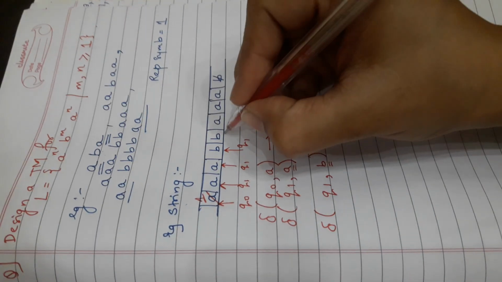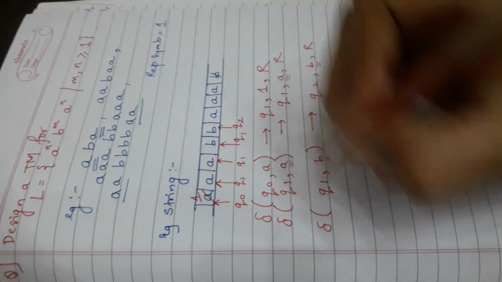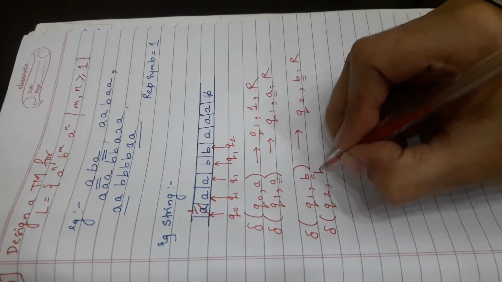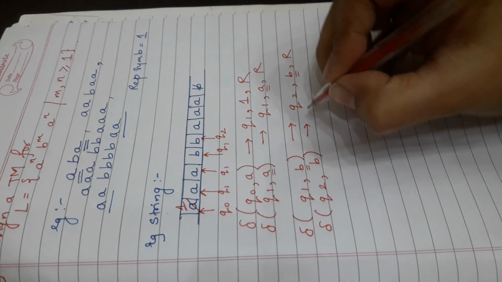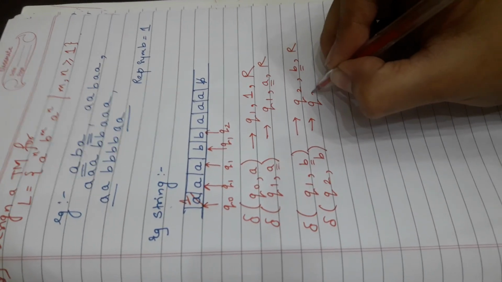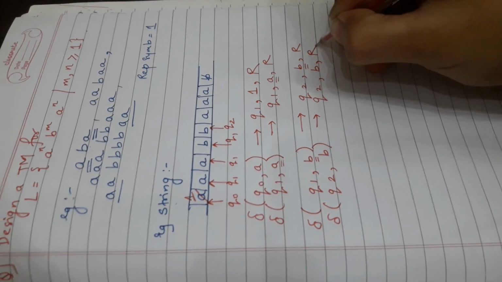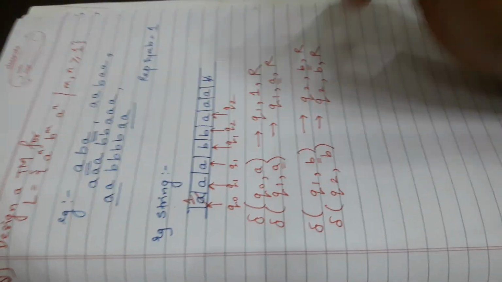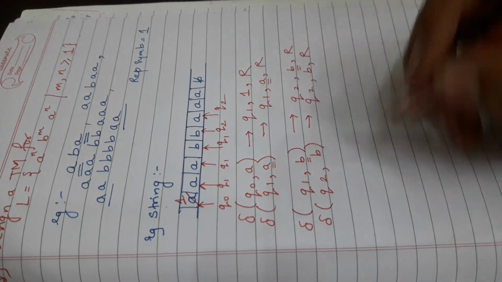So we have moved further. This is Q2. Even if you get more B's operating on Q2, we'll still skip them and move in the right direction until Q2 encounters A.